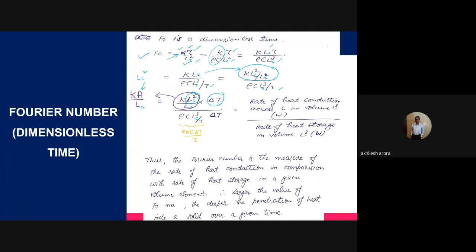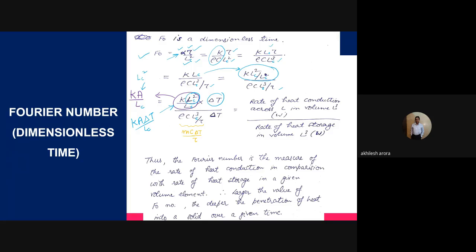So k into A into delta T. Effectively, this whole expression becomes k into A into delta T divided by LC. So if you see, this is basically a conduction equation.